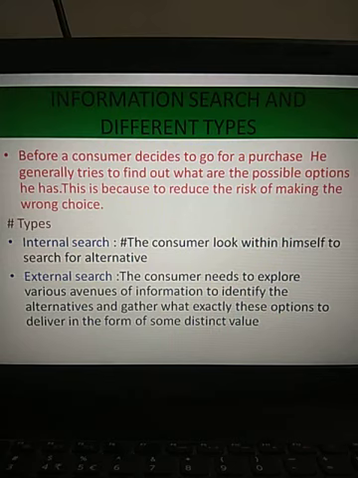So beforehand, consumers will gather information when purchasing jewelry, iPhones, Apple phones, cars, all these things. So two types of information searches are possible: internal search and external search.